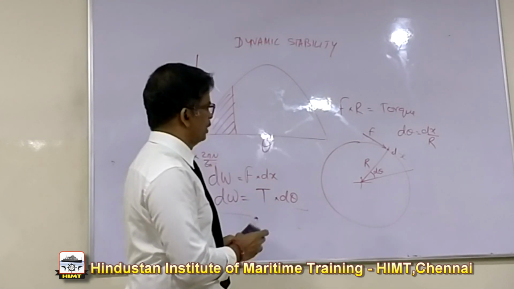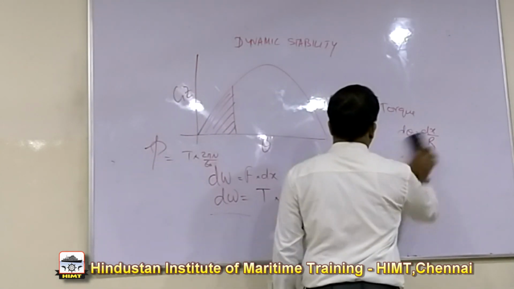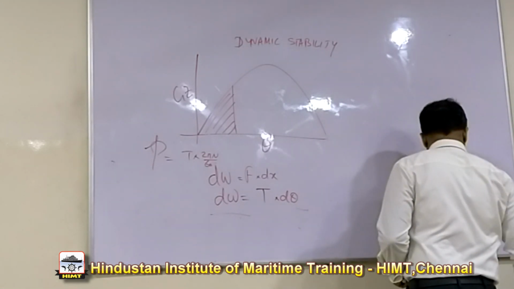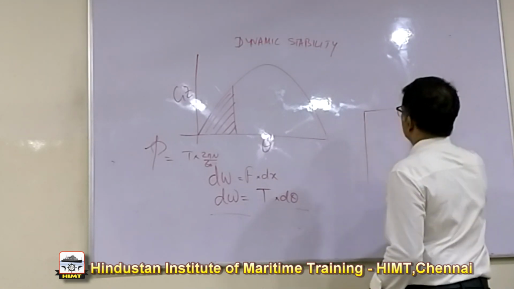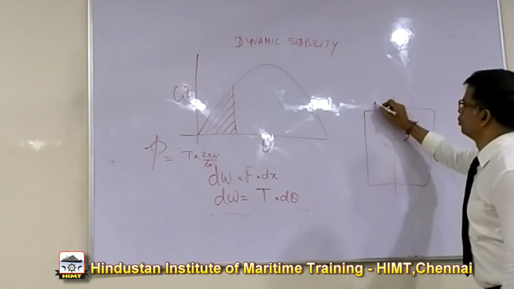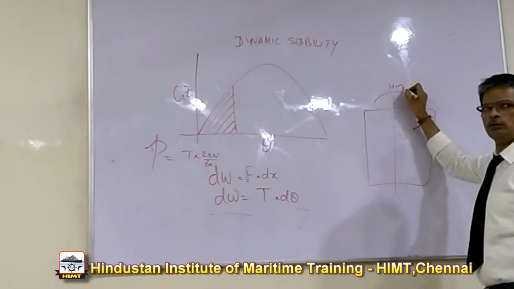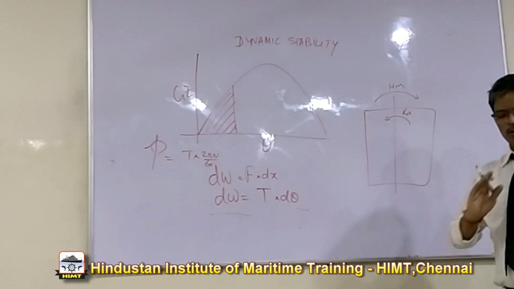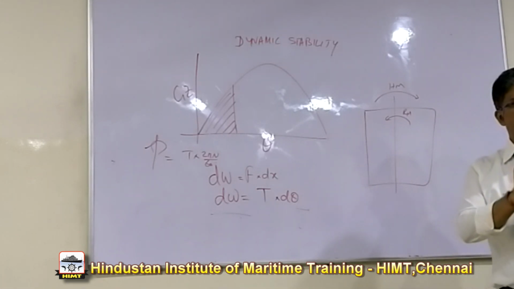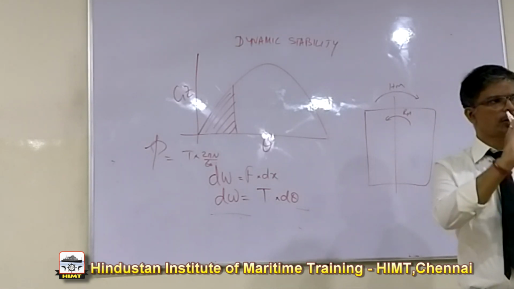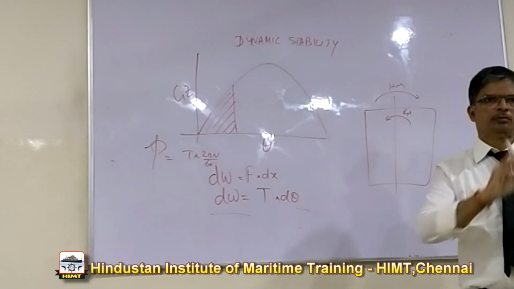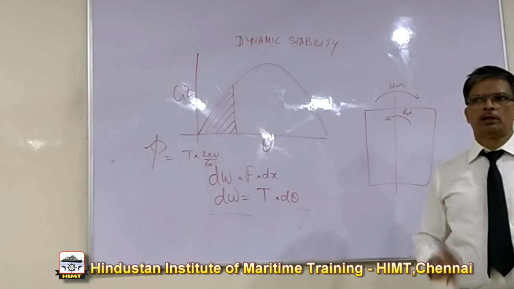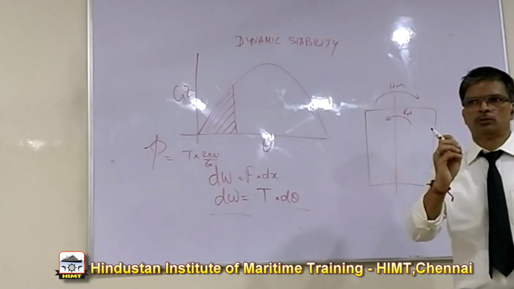So you have a vessel which is going to go like this, the heeling moment. The righting moment is going to be opposing it. And again, overcoming the righting moment, the vessel is displaced by a small angle. What is the small angle? d theta.